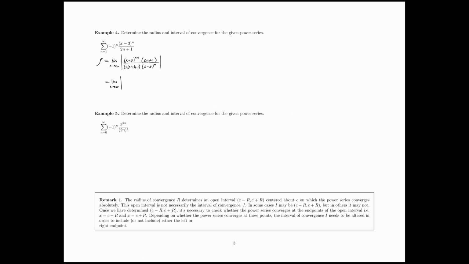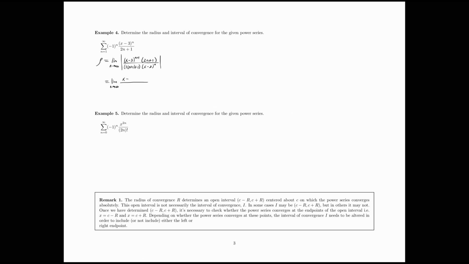So again, let's actually apply the absolute value bars to the pieces that do need it. So here we can break this x minus 3 to the n plus 1 up into x minus 3 to the n and x minus 3. In the bottom, though, we have got an x minus 3 to the n, so those cancel, and we're left with just this x minus 3.